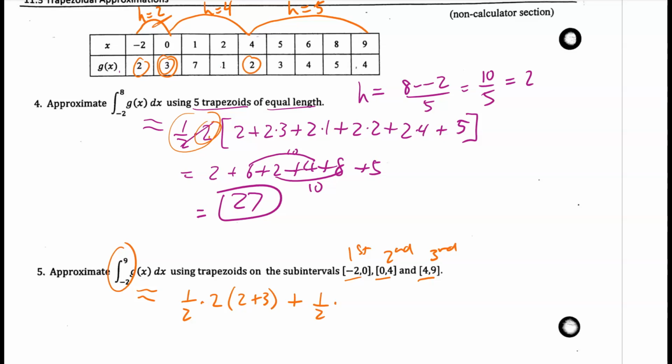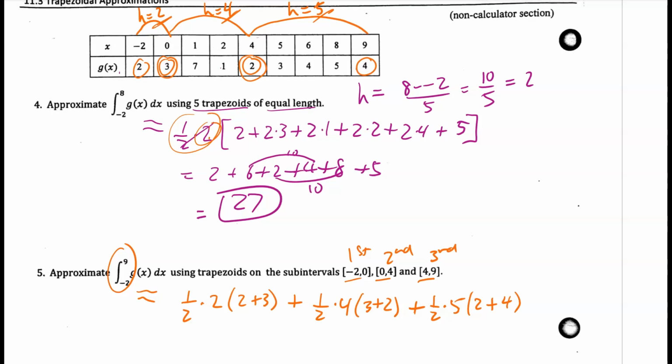So it's 1/2 of this times the height is 4, sitting right here. And that's times the 3 plus the 2. And our third and final, we're going to use this 2 and this 4. And that'll be still 1/2, because that's the formula for trapezoids, times your new height of 5. It's sitting right there. And then you got a base 1 of 2 and a base 2 of 4, or vice versa. It doesn't matter which one is which.